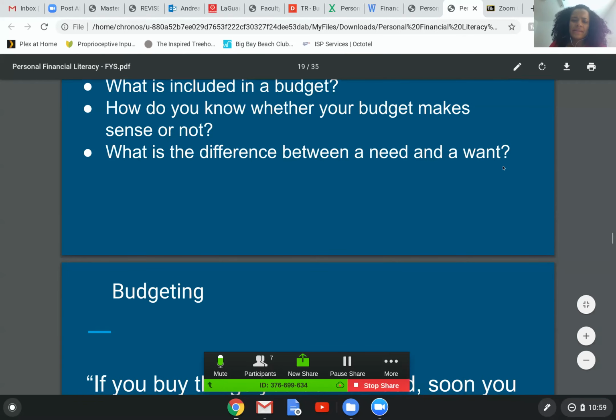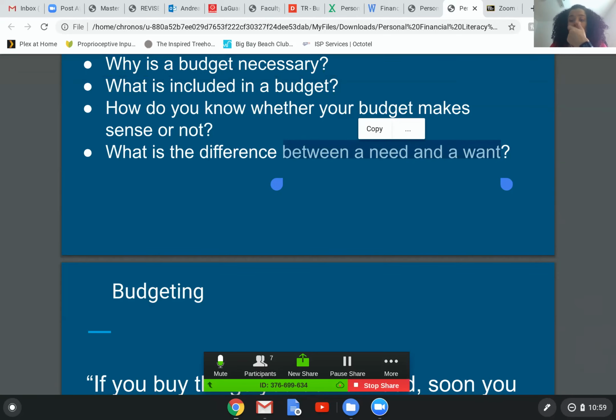What sometimes is difficult when we're budgeting or thinking about spending is differentiating between what we need and what we want, especially in a consumption-driven society, which is what we live in right now. It's so easy to confuse needs and wants.